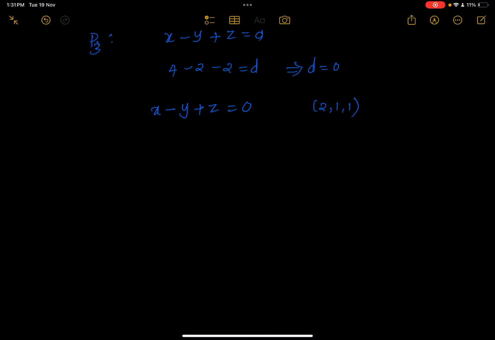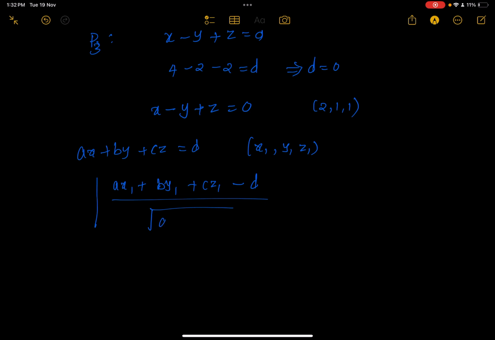There is a direct formula to do that. If you have a plane ax plus by plus cz is equal to d and a point x1, y1, z1, the distance will be ax1 plus by1 plus cz1 minus d, by root a square plus b square plus c square.